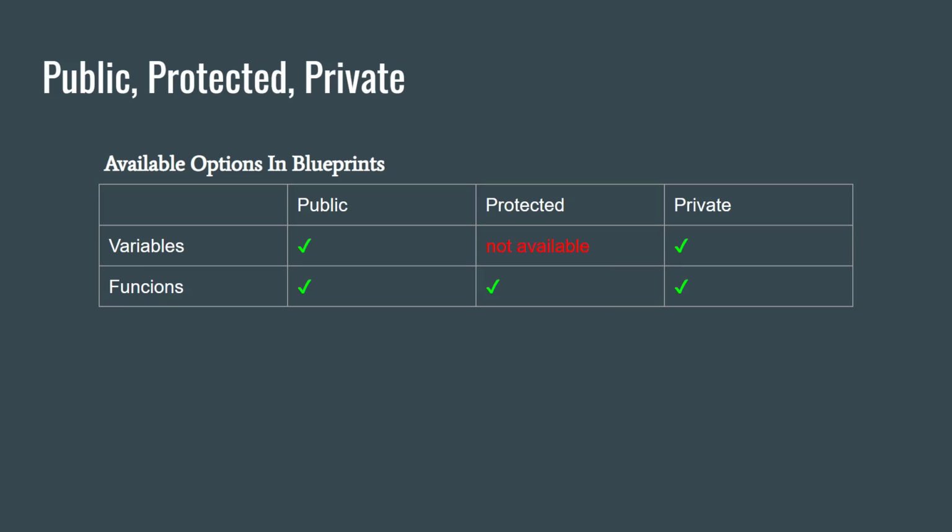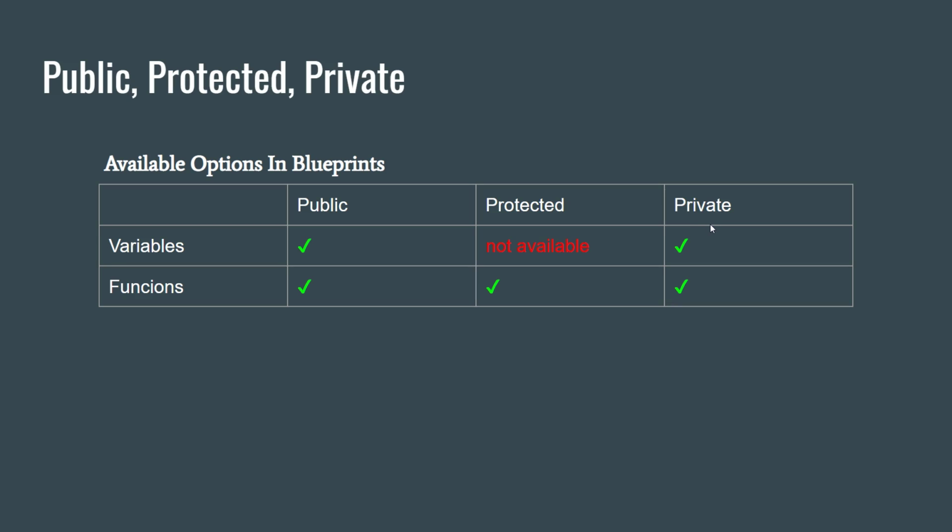And the last thing worth noting is, these public, protected, and private accessors can be assigned to either variables or functions. The only caveat is that variables cannot be set to protected. They can only either be public or private, and that's specifically to blueprints.